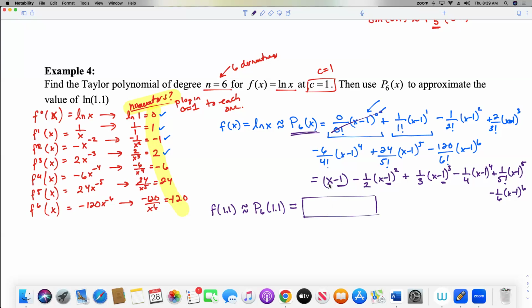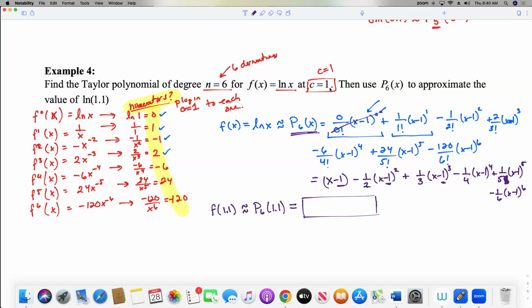So plug in 1.1 minus 1, which is 0.1, minus 1/2 times 0.1 squared, plus 1/3 times 0.1 cubed, minus 1/4 times 0.1 to the 4th, and so on. I don't know why I put a factorial here. That should not have been there. And that is going to be our approximation.